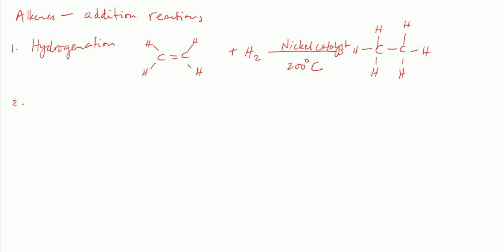Second one, we need to know, this is halogenation, right? And from your inorganic chemistry, a halogen could be chlorine, bromine, iodine. So let's say we have ethene again.